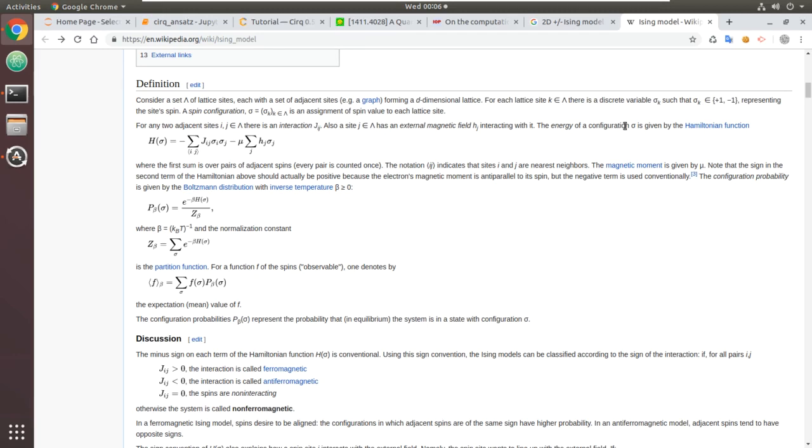For each lattice, oh, I think I know. So consider the set of lattice sides, each with a set of adjacent sides, forming a d-dimensional lattice. For each lattice k, there's a discrete variable representing the side spin. Okay, so that's the actual spin for any two adjacent sides.